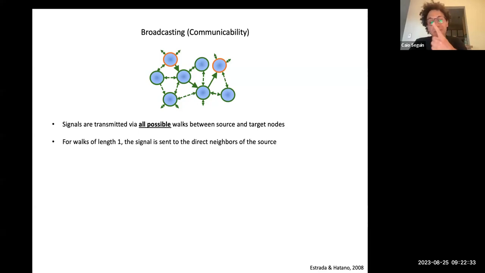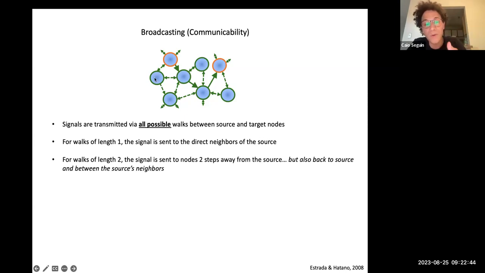So for walks of length 1, the signal that starts here is going to go to the direct neighbors of the source. So this guy and this guy, right? For walks of length 2, you're actually delineating all 2-hop paths from the source. So you can go from here to here to here. This is a walk of length 2.